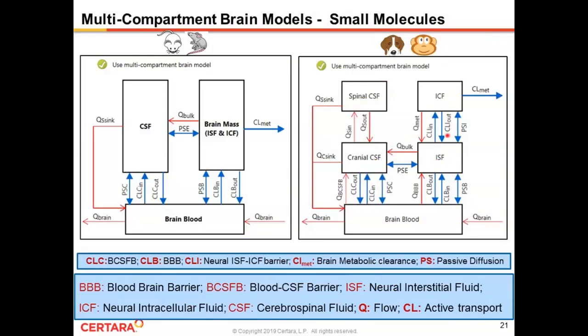So you can see here that we have a multi-compartment mechanistic brain model, and the red arrows indicate the flow of fluid from one compartment to another, and the blue arrows signify either the passive permeability, which is the double-headed arrows, and the single-headed arrows signify the uptake or the efflux of the drug from either of the compartments.